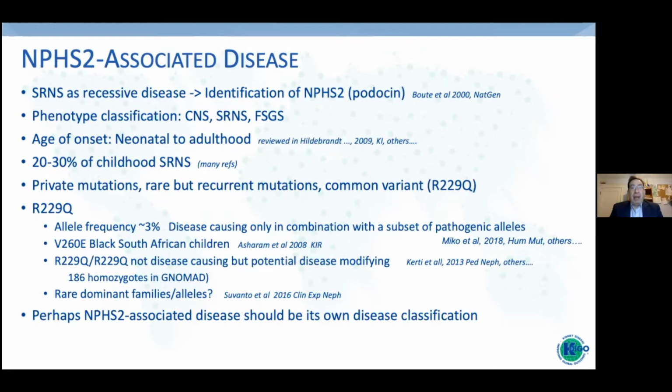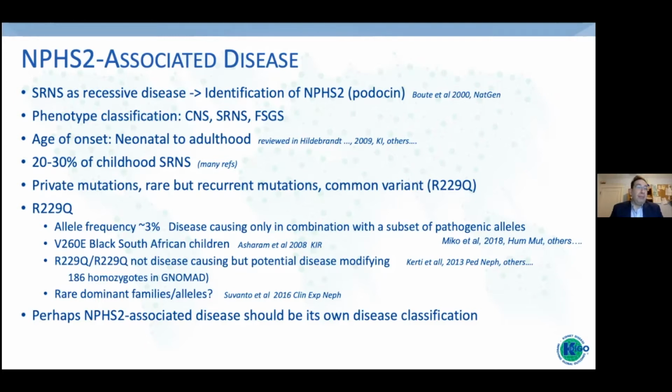Then expanded studies of phenotypes and populations and families taught us that NPHS2 associated disease can present as congenital nephrotic syndrome, steroid-resistant nephrotic syndrome, FSGS. The age of onset is widely variable.